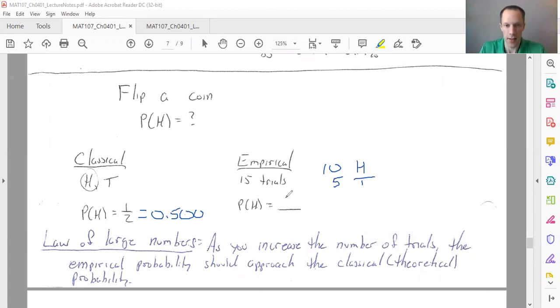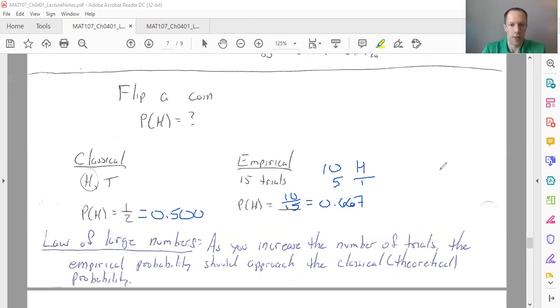Well, if that's the case, then the probability of getting heads with the empirical probability analysis would be 10 out of 15, which in decimal form would be 0.667. Notice those 2 probabilities really don't agree very much.